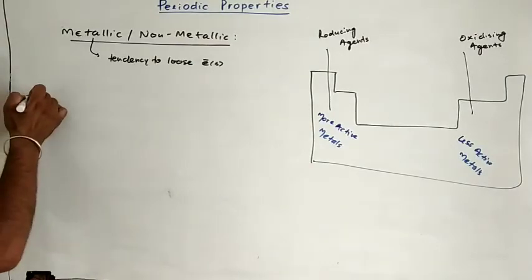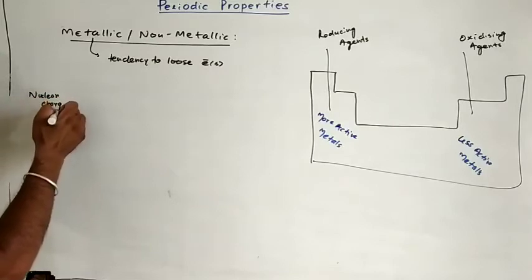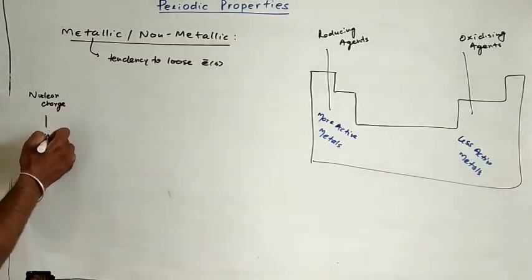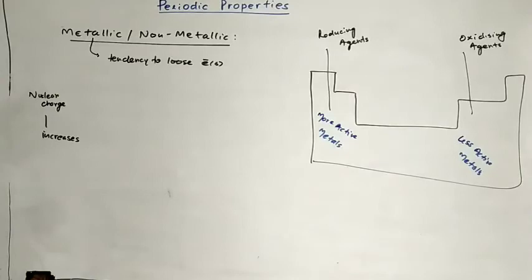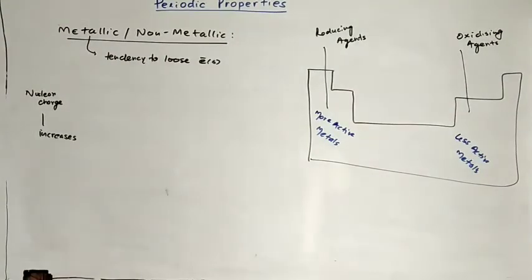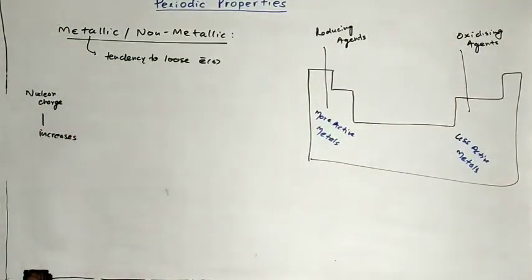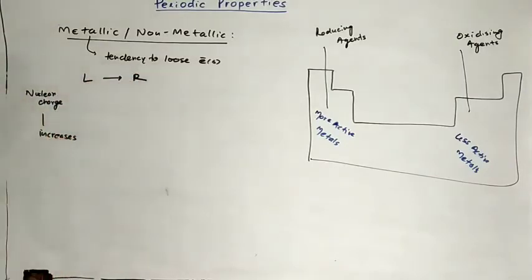Now, see in the periodic table, nuclear charge increases when you move from left to right. Nuclear charge increases, we know.